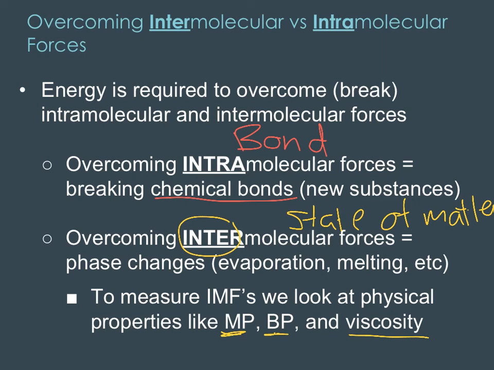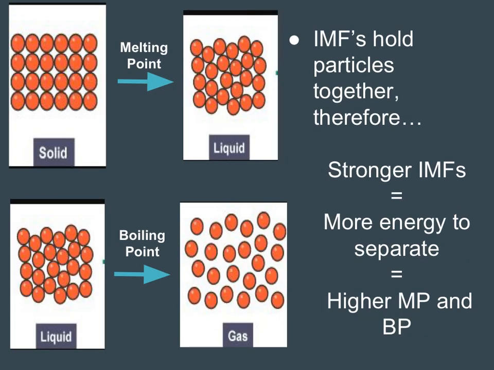If you have a really high melting point, that means your molecules are really attracted to each other, and it took a lot of energy to break them. Here's a representation of what I just said. Melting point, remember, is taking a solid into a liquid, and it's the IMFs that are holding these particles close together. The IMFs are what cause these particles to like to stay next to each other.